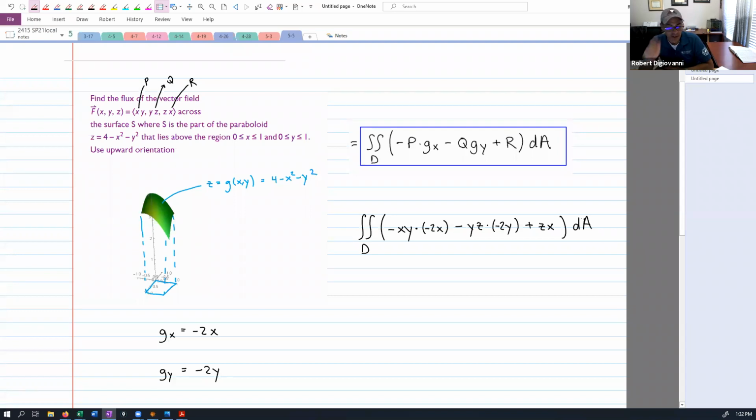Now, this integral is going to be done over the region D, and D is the ground. So we need to figure out what our limits of integration are. Is it obvious? X is between 0 and 1, Y is between 0 and 1. I mean, that was given to us, wasn't it?